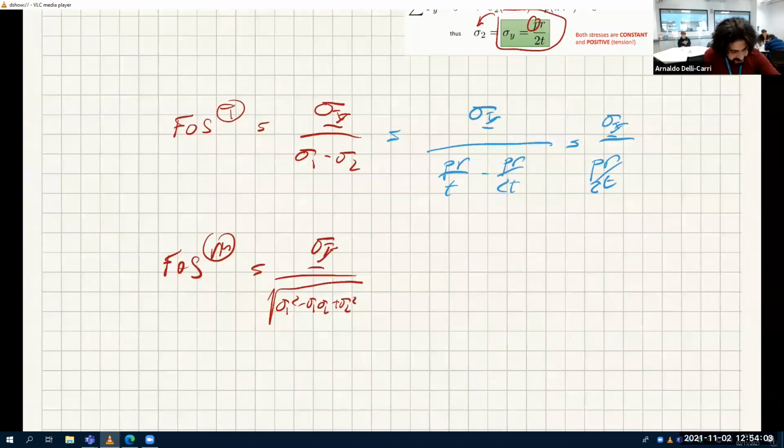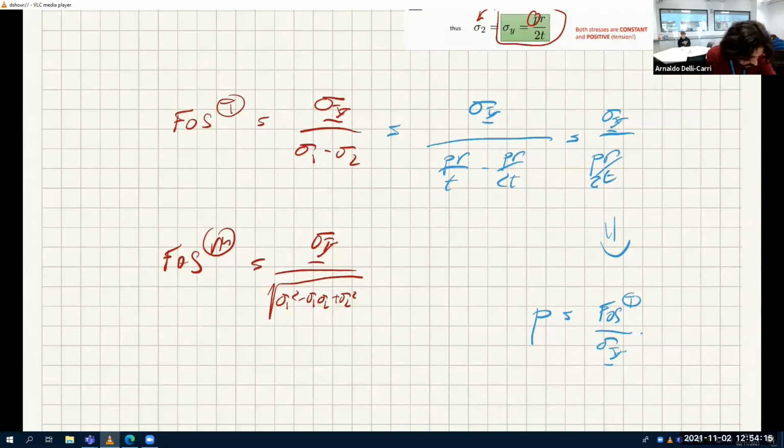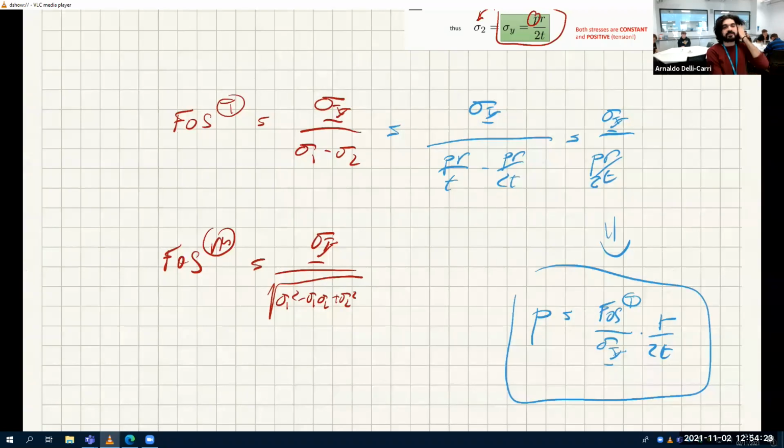And so that means that P is factor of safety, Tresca, divided by sigma yield times the radius, and divided by 2T. There you go. This one is already the answer. See how easy is this?